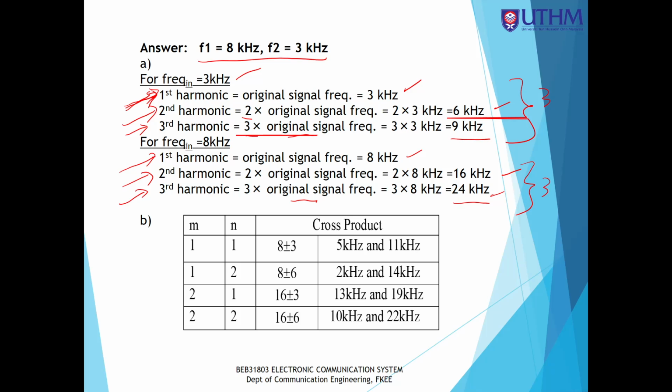Akan ada 3 signals. So kalau you lukis dia gambar rajahnya, so ada 3 kHz, 3K di sini. So you ada produce sini ada 6K dan juga 9K di sini, and then di sini adalah 8K. So you ada 8K, nampak dia berterabur sikit, 8K di sini, and then you ada 16K di sini.